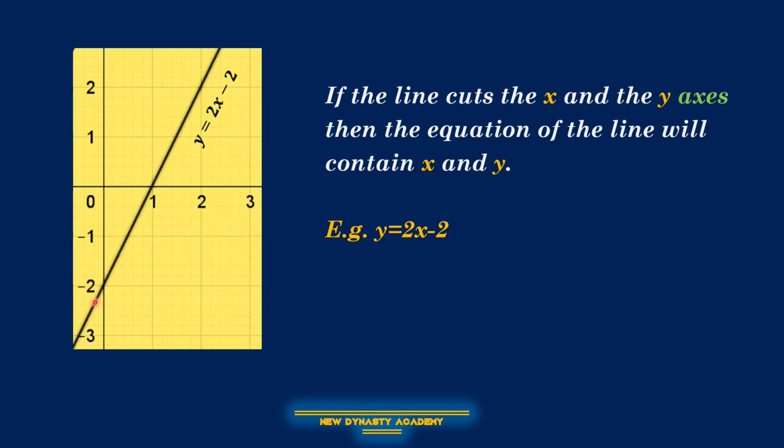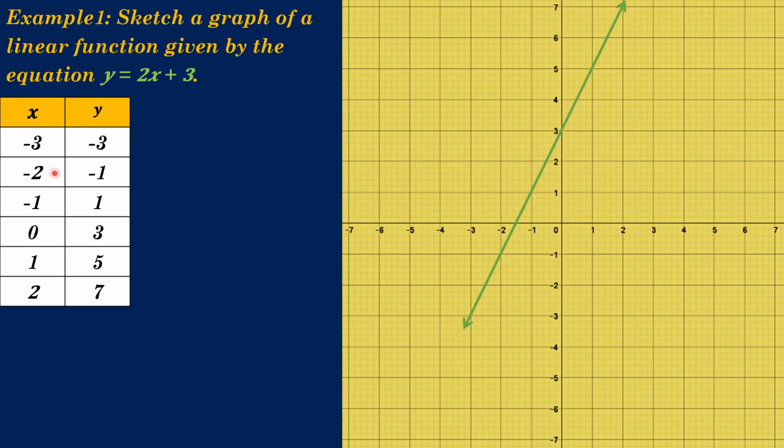Now in this case, the line cuts the y-axis at -2 and cuts the x-axis at 2. Hence the equation here is written as x equals 2 minus 2x minus 2. So what you see here is that this equation contains the x and the y because it cuts the axis at both x and y.